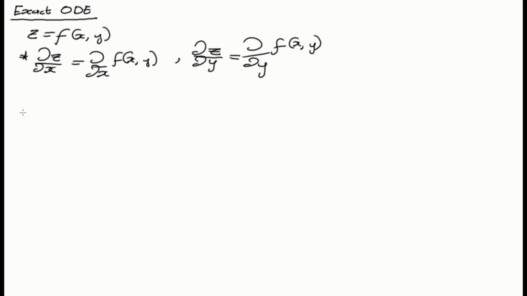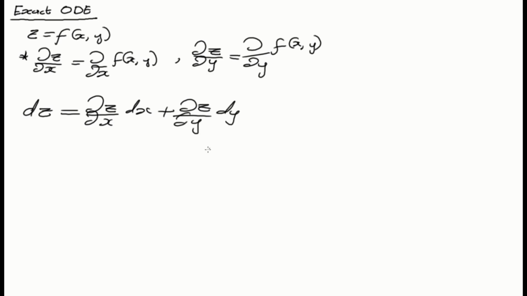Right? So if we want to get a differential of our special variable z here, what will it be like? The differential of z in this situation will be dz is equal to the partial derivative with respect to x times dx plus the partial derivative with respect to y times dy. Right?